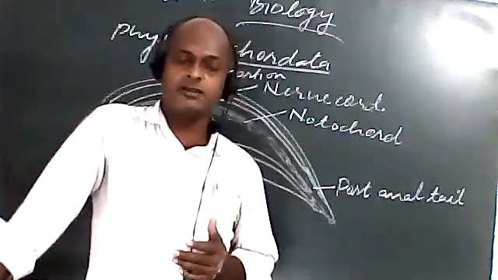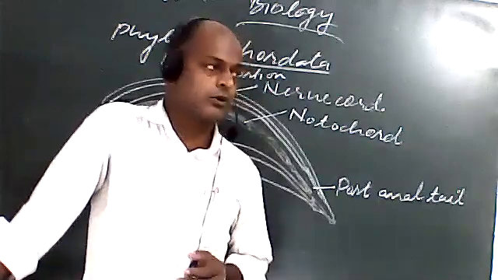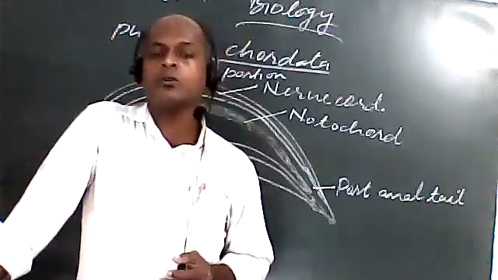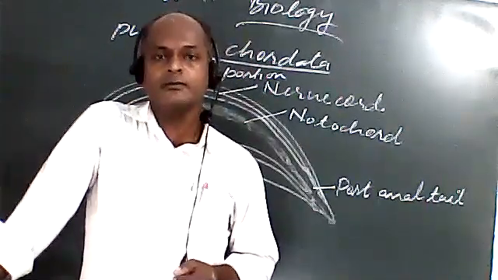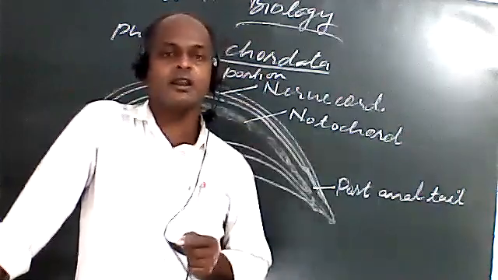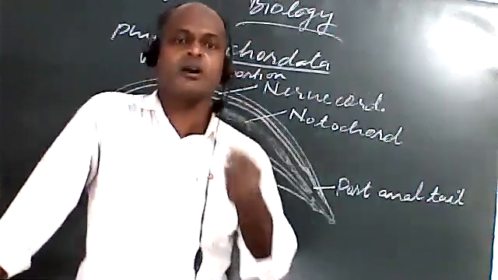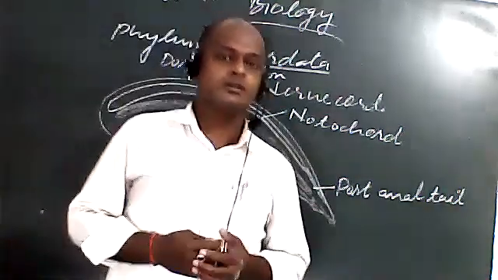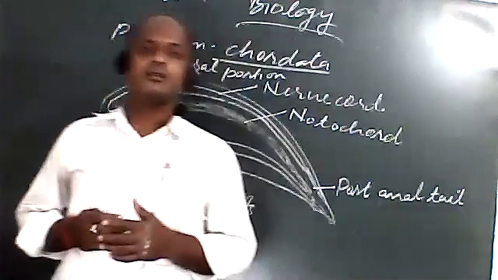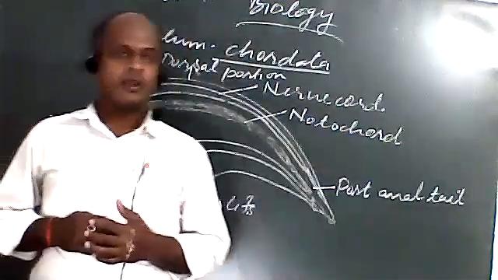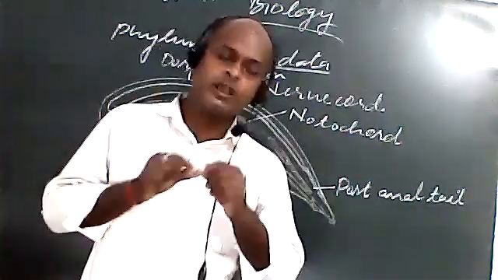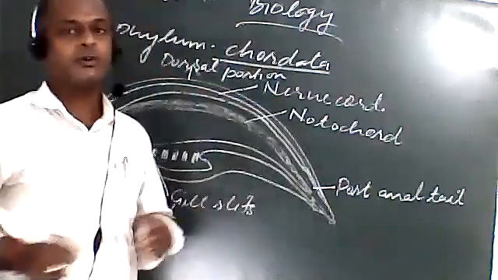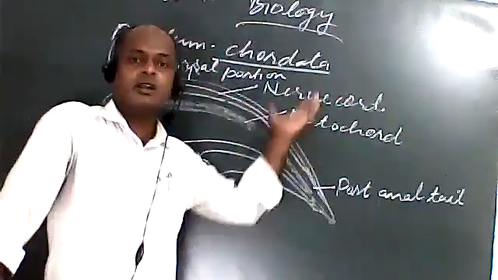But in chordates, notochord is present, either at some stage of their life or throughout life. In some cases, like human beings and cattle, notochord is present during the embryonic stage. Anyhow, due to the presence of notochord, they are considered chordates.